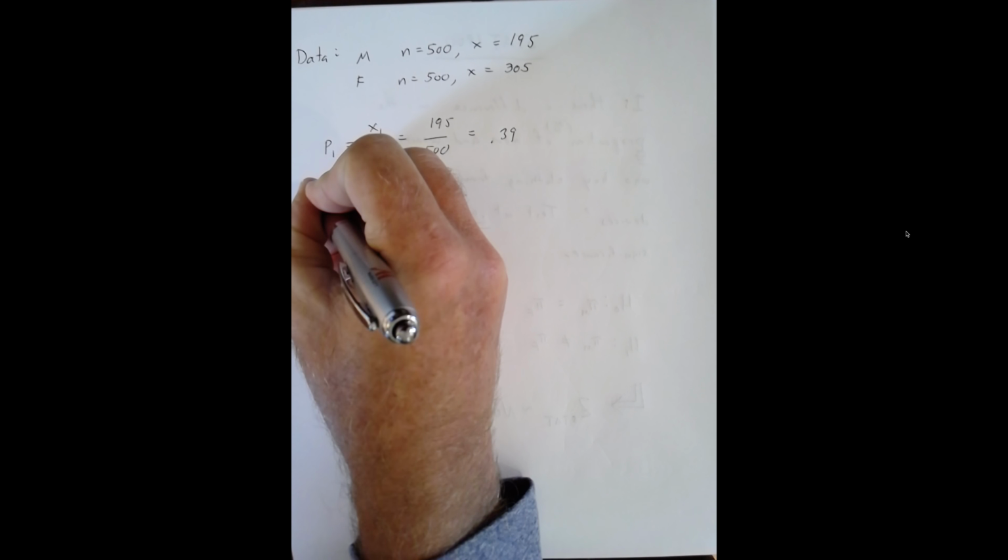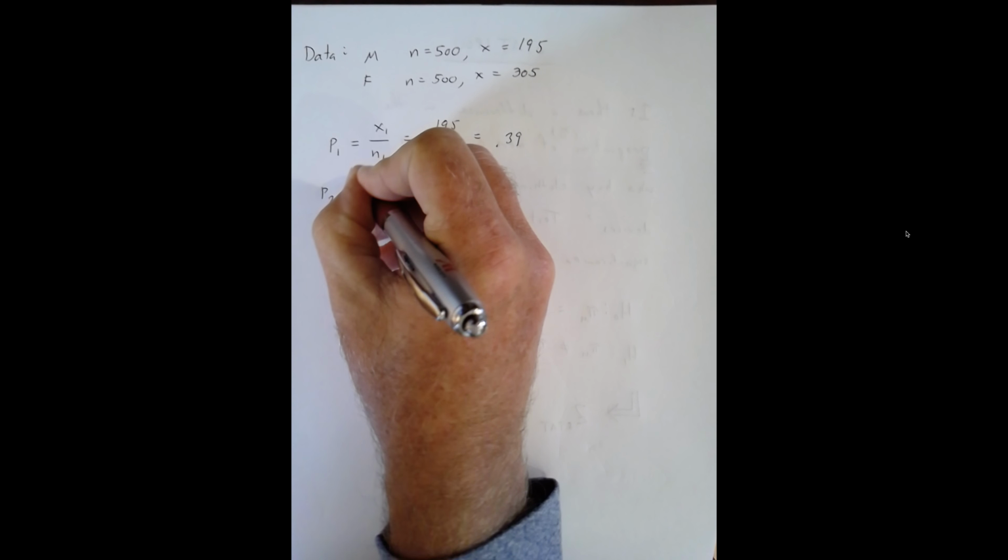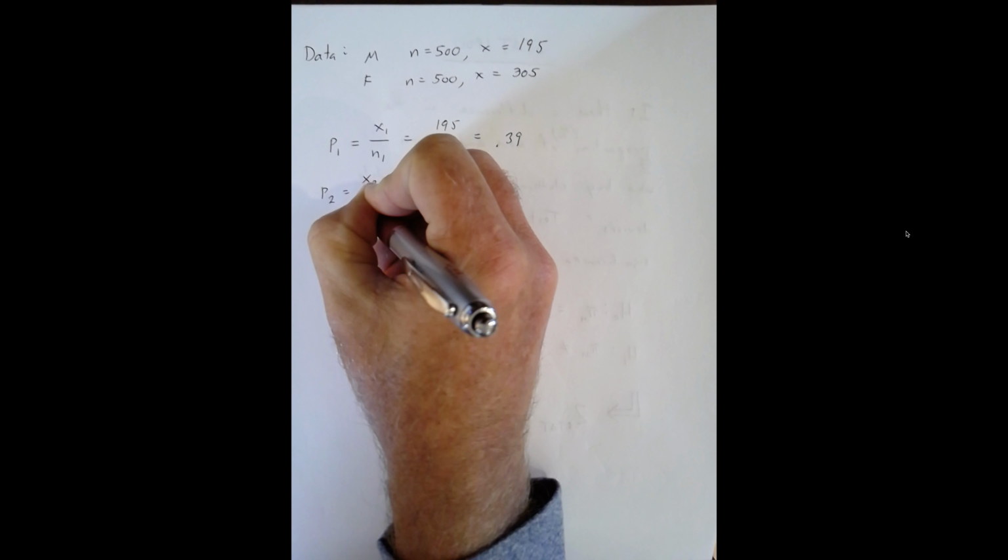And we need P2, which is X2 over N2. X2 in this problem is 305 out of 500, and that is 0.61.